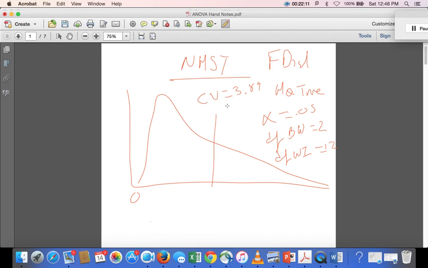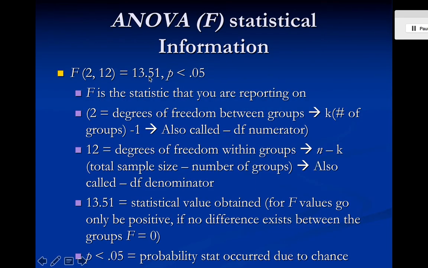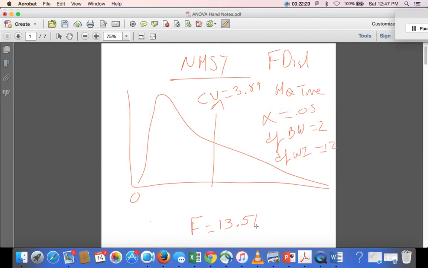I'm going to say this is my critical value of 3.89. So my statistic was not 3.89. The stat that I calculated in my study was 13.51, if I'm not mistaken. Let me just confirm here very quick. 13.51, perfect. So where does 13.51 land?